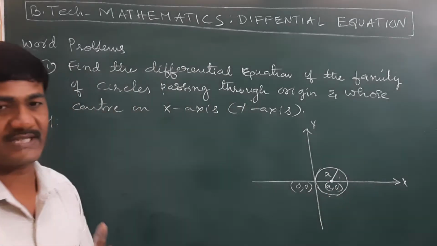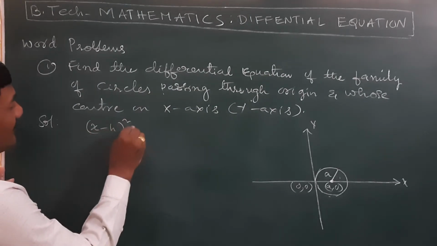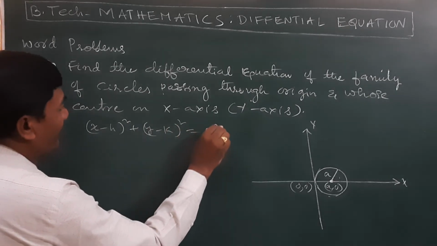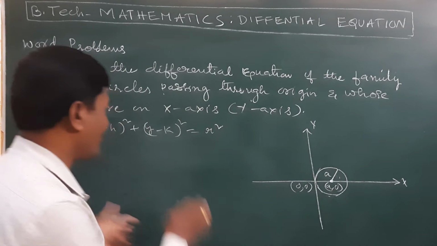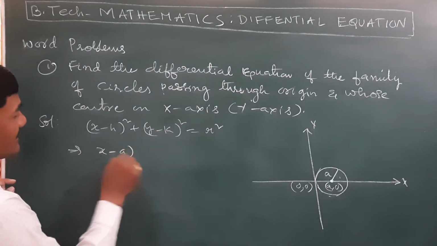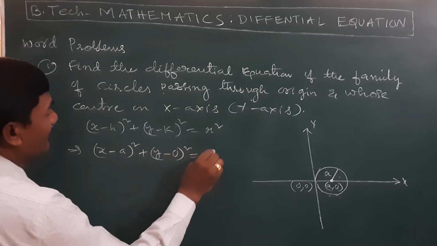So what is the equation of the circle? The general equation of the circle is x minus h whole square plus y minus k whole square is equal to r square. Here center is A comma 0 and radius is A. So you replace the values: x minus a whole square plus y minus 0 whole square is equal to a square.